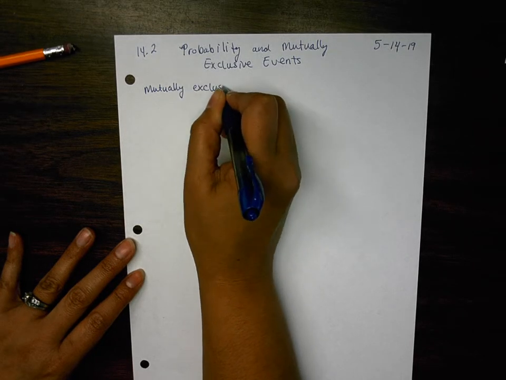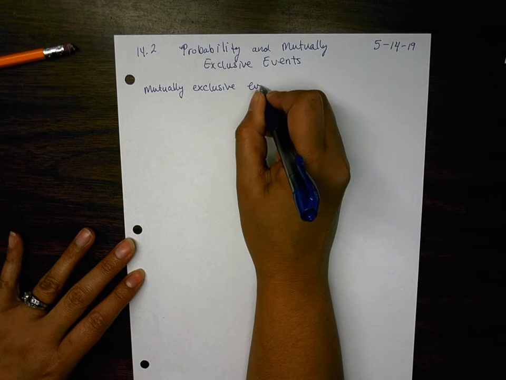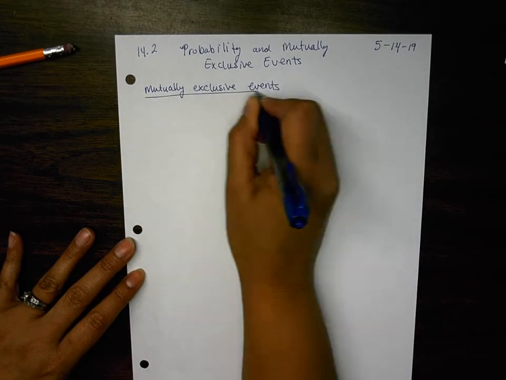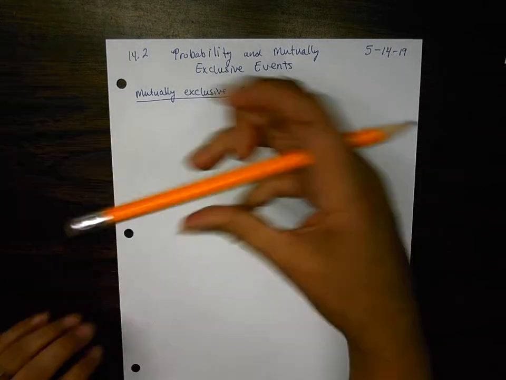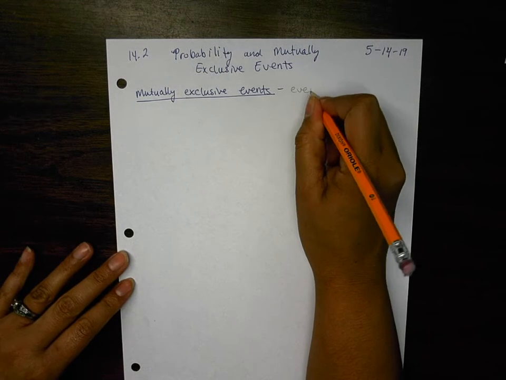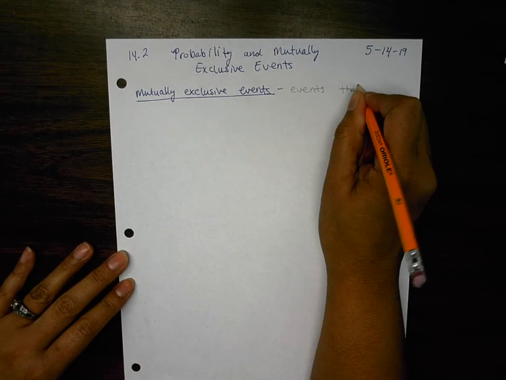Mutually exclusive events are events that, knowing what you know about mutually exclusive, if I told you there are events that can happen together or cannot happen together, which would you pick?